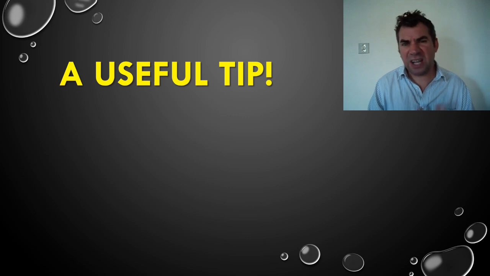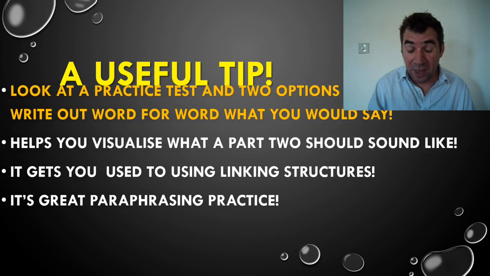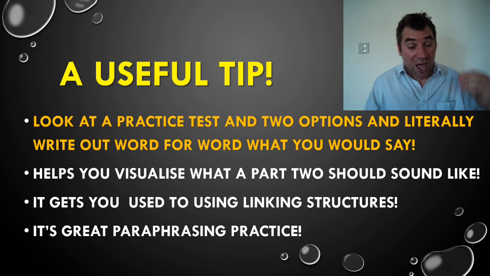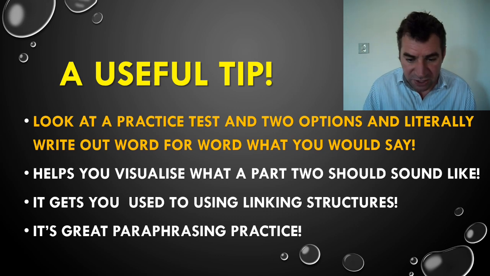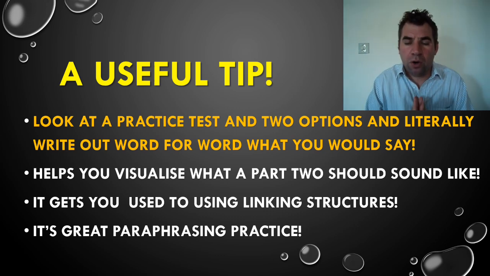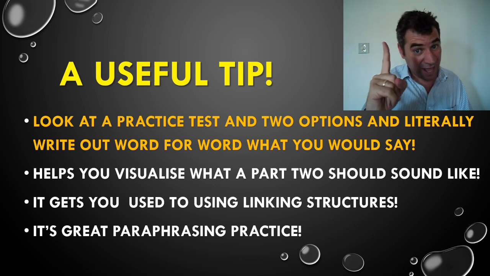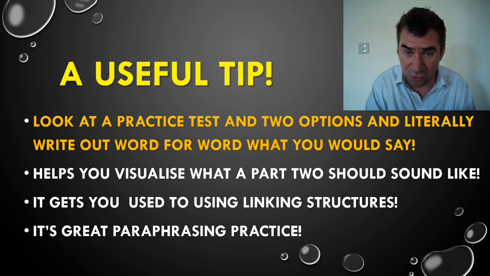Finally, actually not finally, I've got more. There's always more. A useful tip, and this is very, very good. Get yourself a practice test book, get yourself 2 options, and literally write out word for word what you would say. A brief warning here, don't do this too much, because obviously in the exam you can't do this. So you don't want to become reliant on doing this.